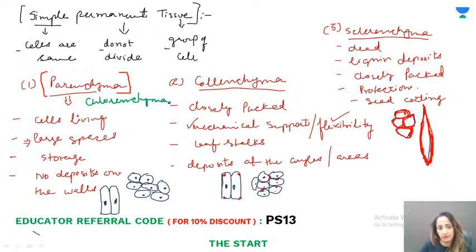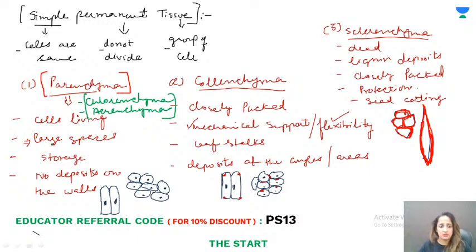In some of the parenchymatous tissue, they have large air spaces, and we call them aerenchyma, right? So this is the variation for parenchyma. So now we have almost covered parenchyma, collenchyma, and sclerenchyma.